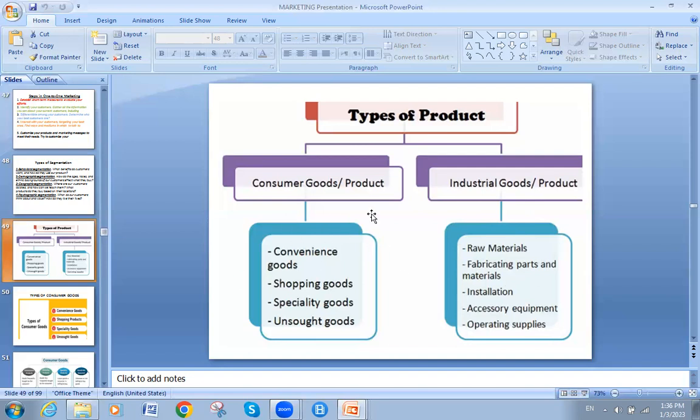But in consumer goods, it's an end user making a consumption. Here, no. You buy it for the purpose of generating profits, to run your machines, like spare parts, or to get raw materials. If you have a factory and you buy wood to make furniture, we call it industrial goods.